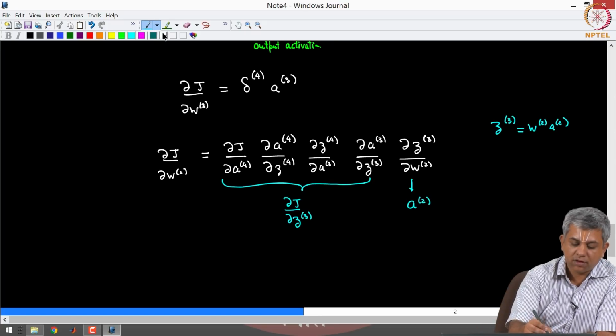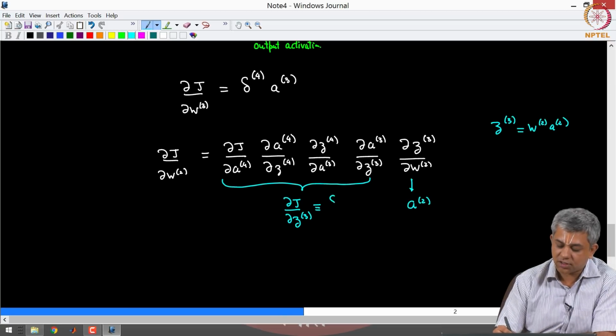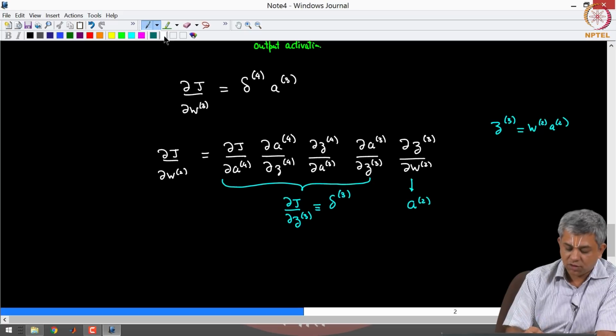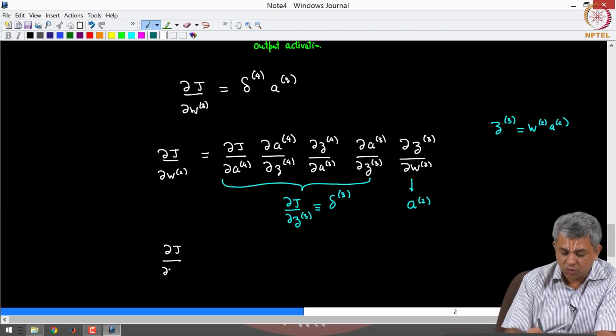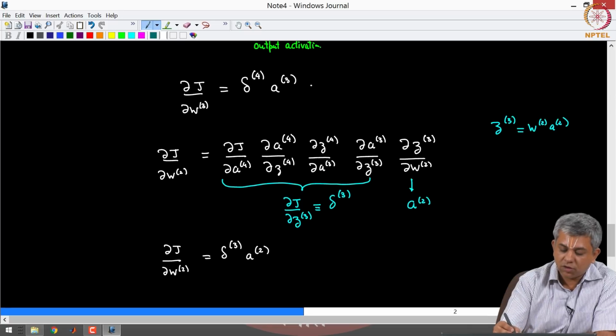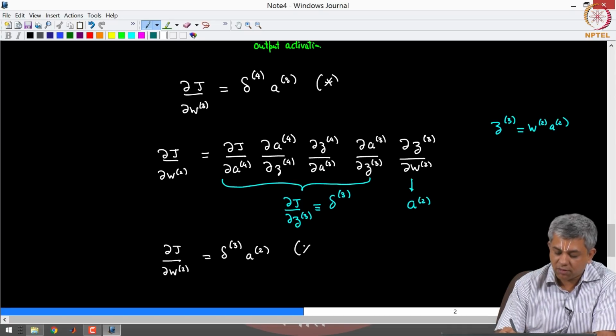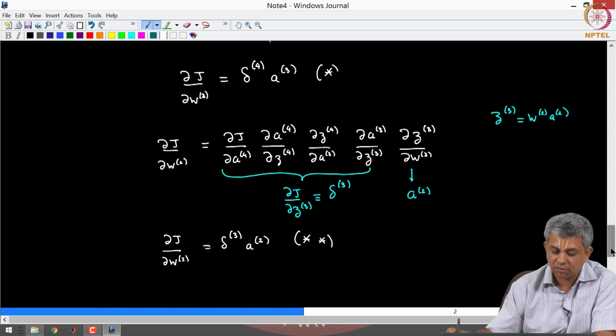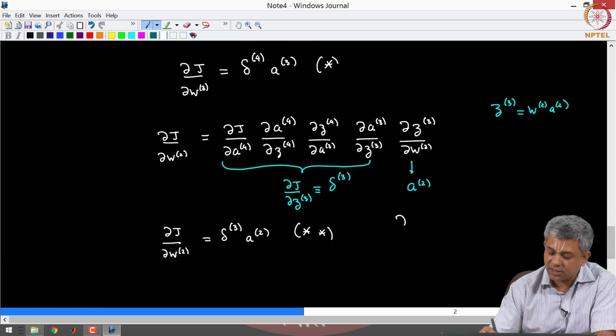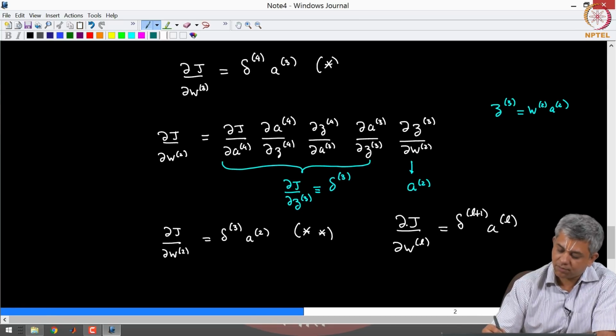So, if you notice this del J del Z 3, by our notation, we had called this delta 3. So, you will get del J del W 2 equal to delta 3 A 2. Notice these two formulae and you will automatically see a pattern. You will notice that del J del W L is equal to delta L plus 1 A L.